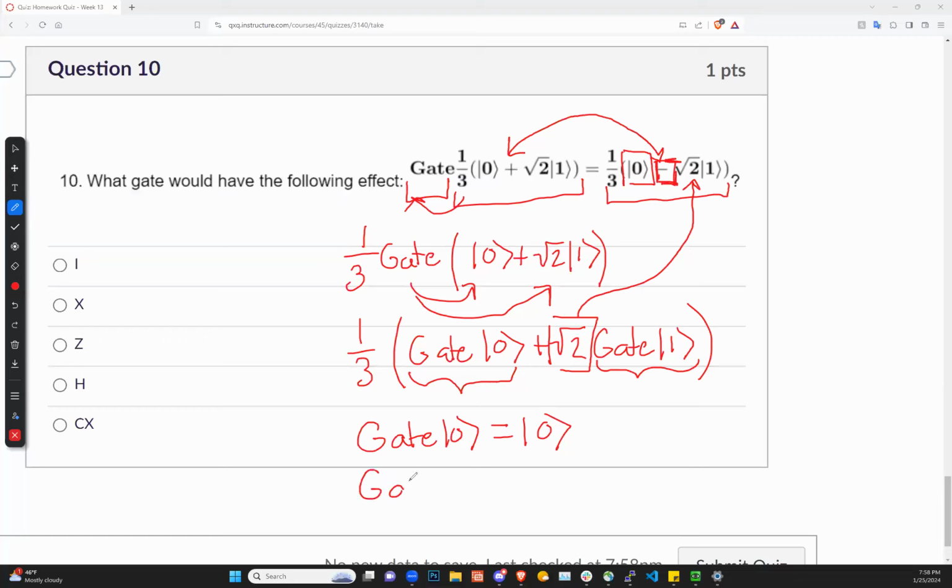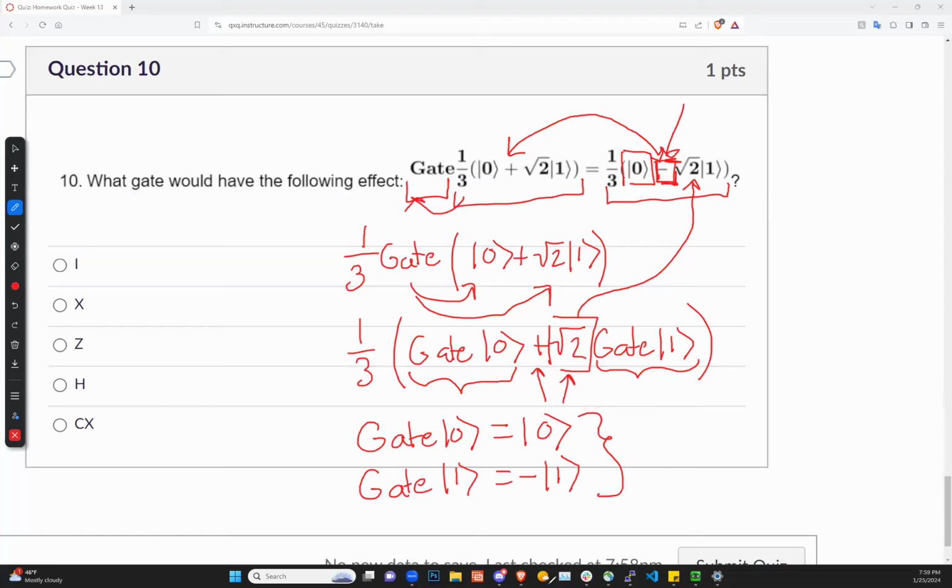In other words, the gate applied to the 1 state has to equal the minus or -1 times the 1 state, because otherwise this minus sign won't pop up anywhere. We have a plus sign down here, we have positive square root of 2, so the only place that minus sign could have come from is applying the gate to our 1 state. And so does anyone recognize these two rules here?